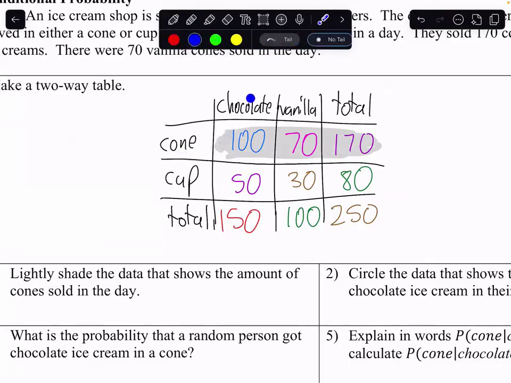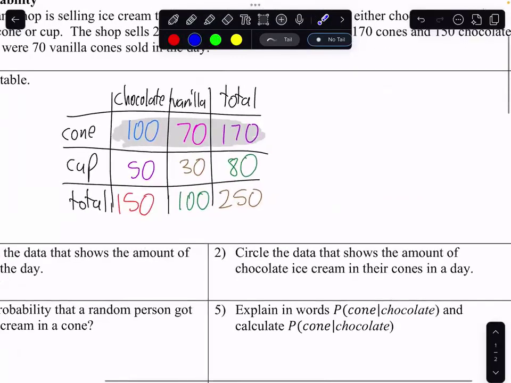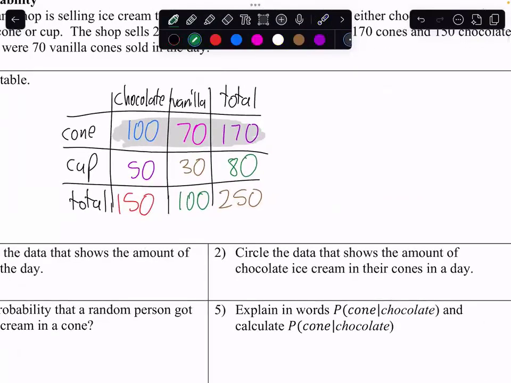Right, this tells us chocolate cones, vanilla cones, and then total cones, right? So all of that is info about the cone. Okay, and then next instruction, circle the data that shows the amount of chocolate ice cream in cones. Okay, so not total chocolate, chocolate in cones, right? So that would just be this one.